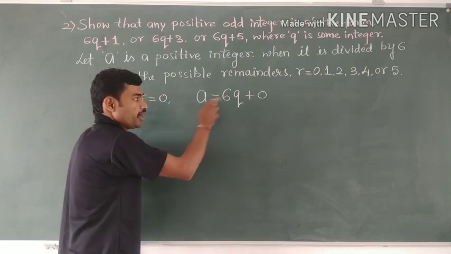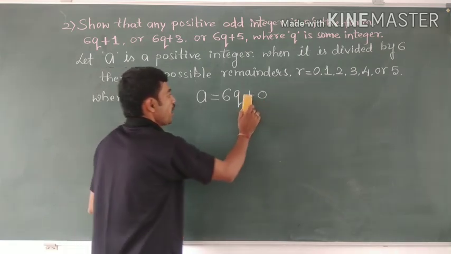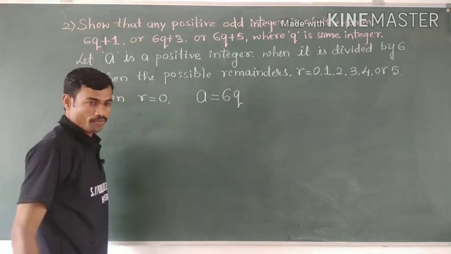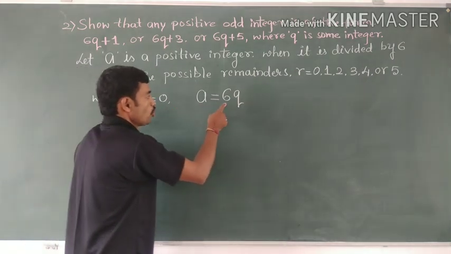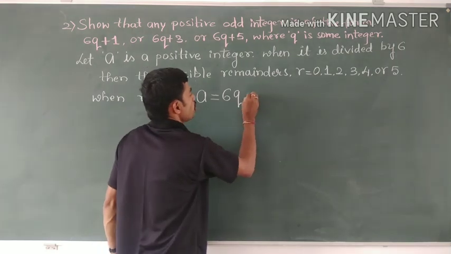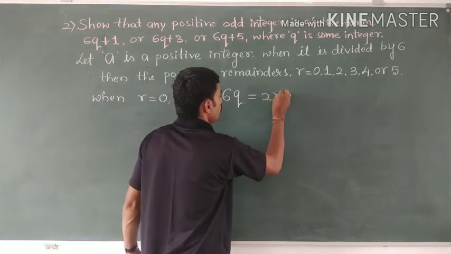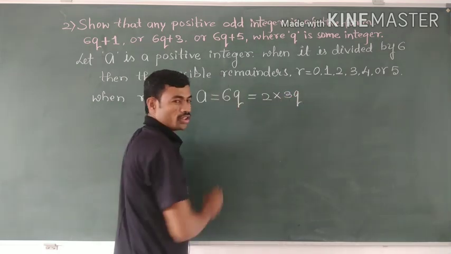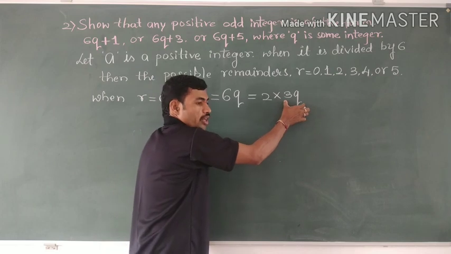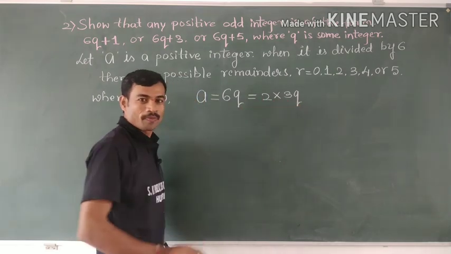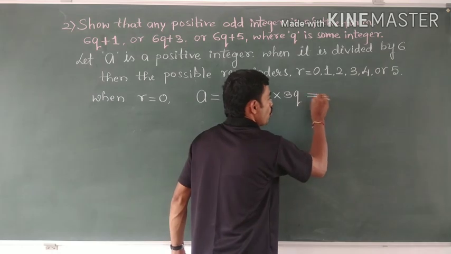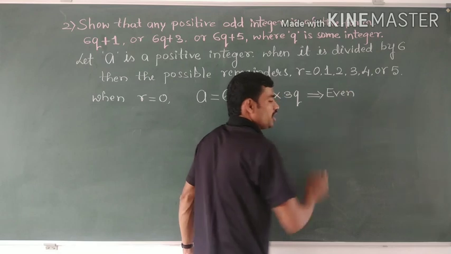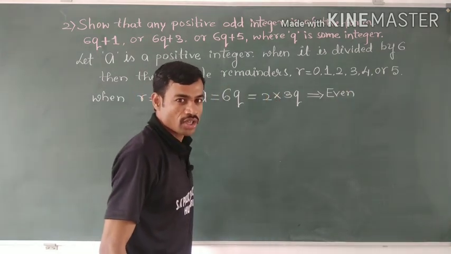So when the remainder is 0, a equals 6q. And 6q can be written as 2 into 3q, which means it is a multiple of 2. Then we can say it is an even positive integer.